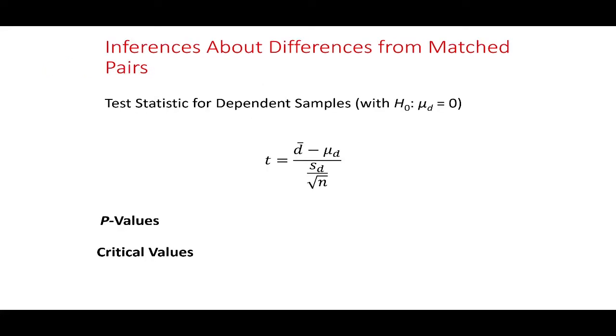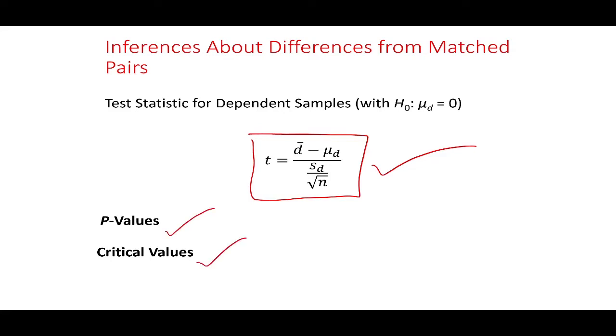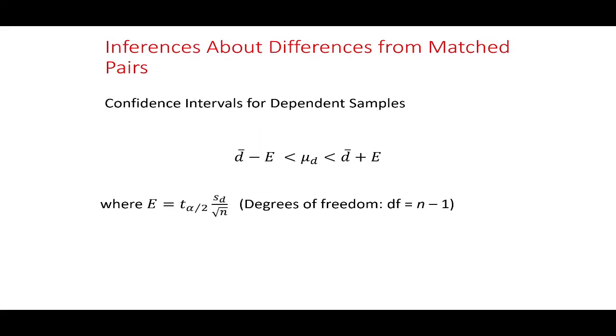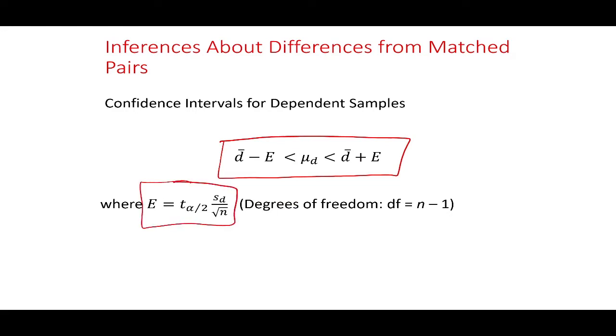Okay, so this is the formula for the test statistic. After finding the test statistic, we use the p-value or critical value method, and then we conclude our hypothesis. And this is how we find our confidence interval. This is our margin of error. It is the same kind of thing we did in the previous section, but there we had two samples.